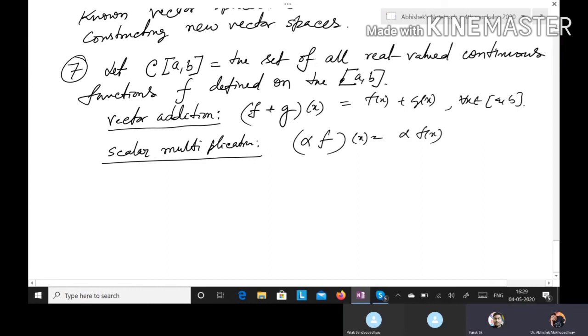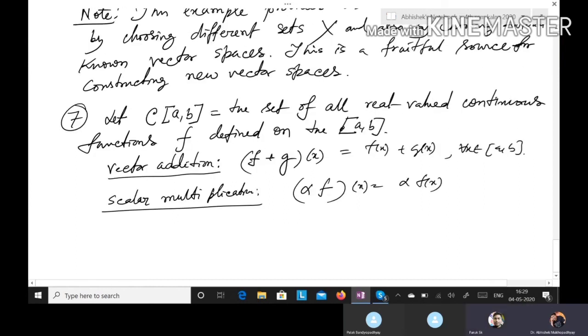Now we have already proved in real analysis that if two functions are continuous, then their sum is also continuous. If f is continuous and alpha is any real number, then alpha f is also continuous. So this is true for all real numbers alpha.